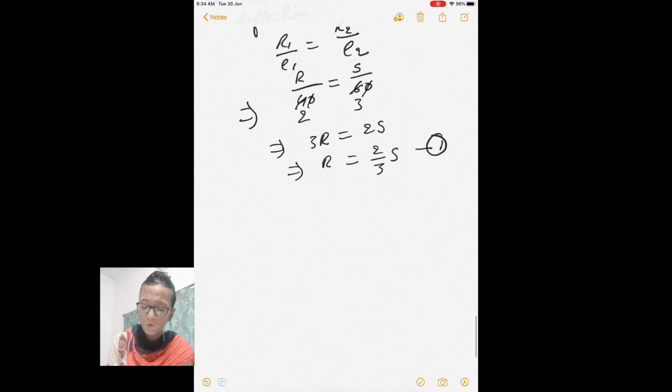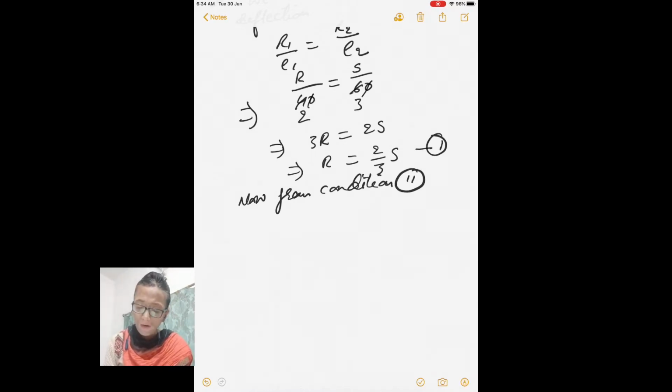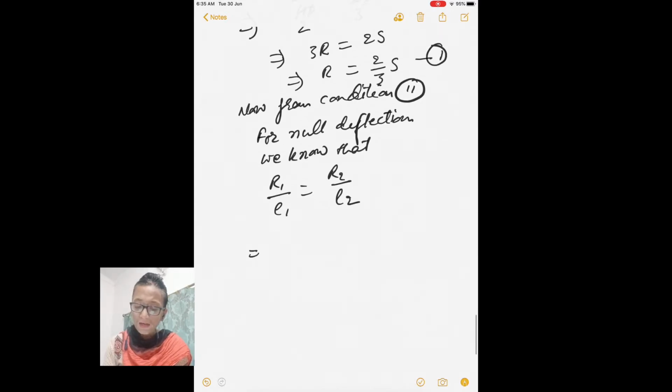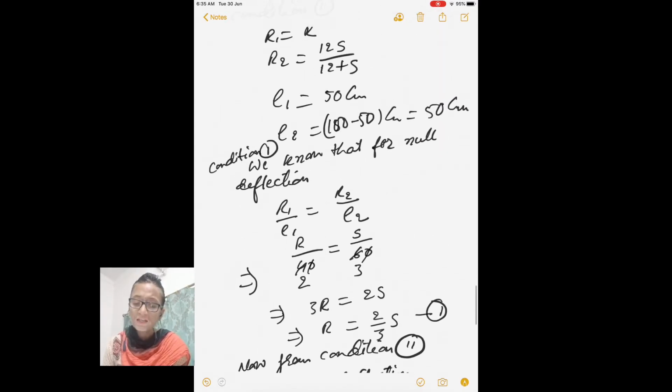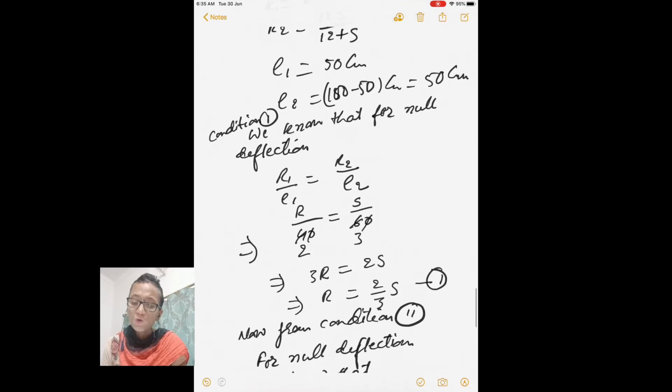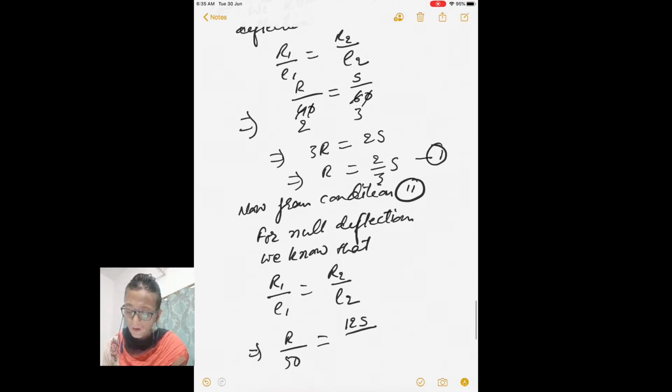Now from condition 2, for null deflection, we know that R1 upon L1 is equal to R2 upon L2, and here R1 is R only, L1 has become 50, is equal to R2, which is changed, 12S upon 12 plus S, divided by 50 centimeter.